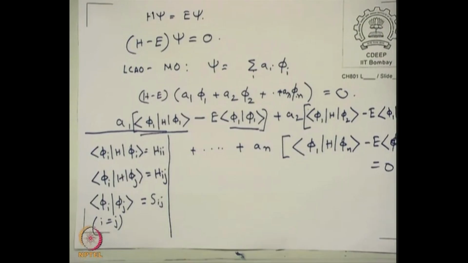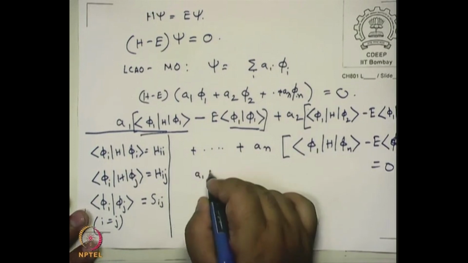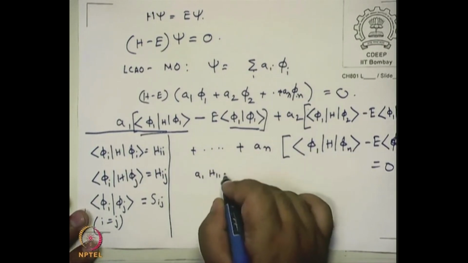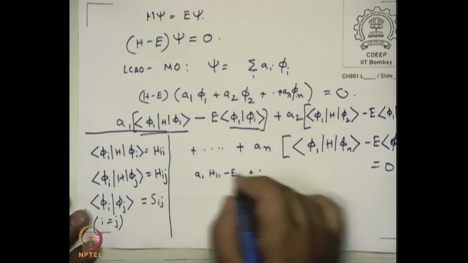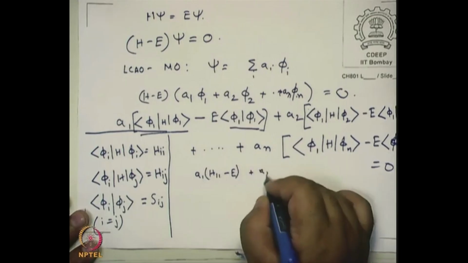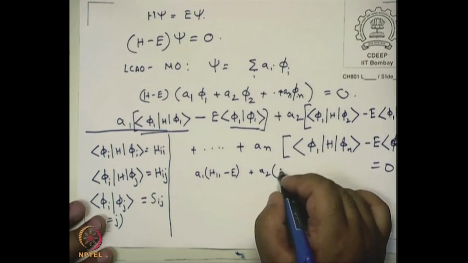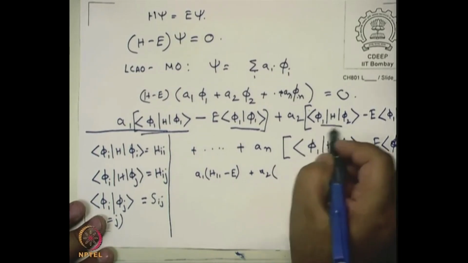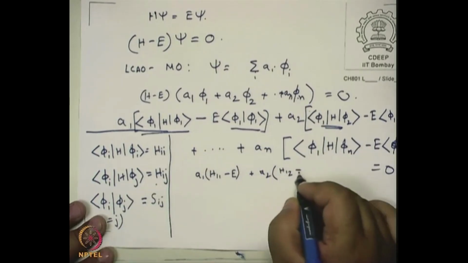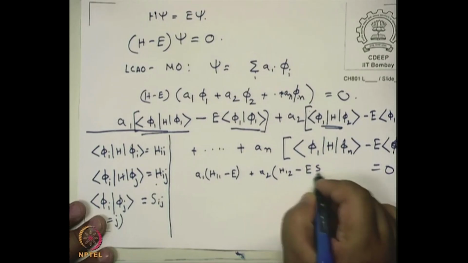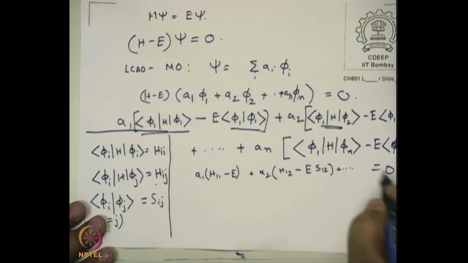All right. So in terms of that, we can write this expression. We get a_1 multiplied by (H_11 minus E), then plus, I should put a bracket, a_2 times, what will the integral of phi_1 H phi_2 be? H_12 minus E S_12, right, plus so on and so forth, plus a_n (H_1n minus E S_1n), that is equal to 0.